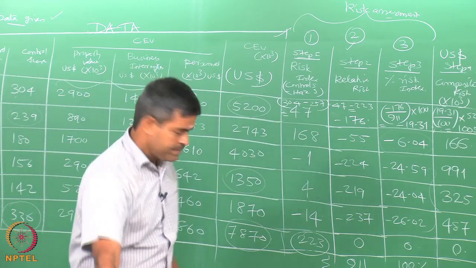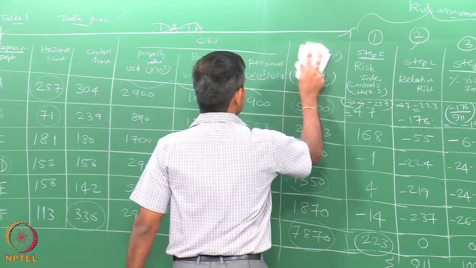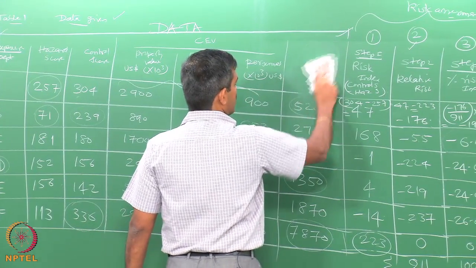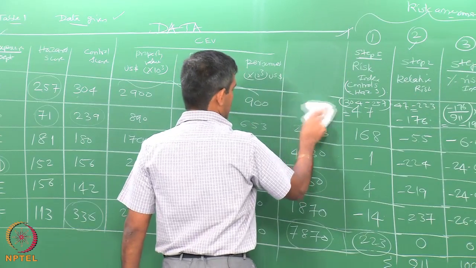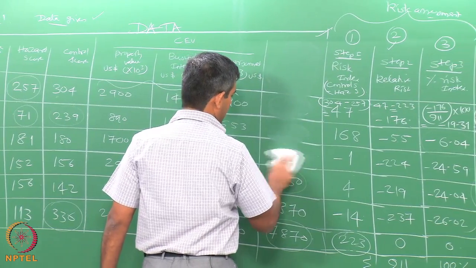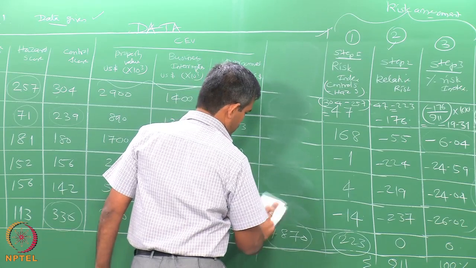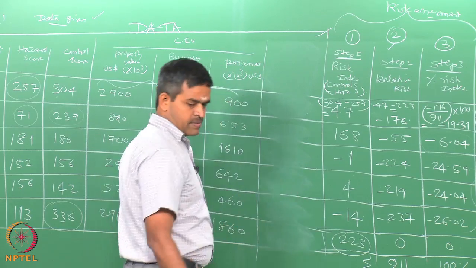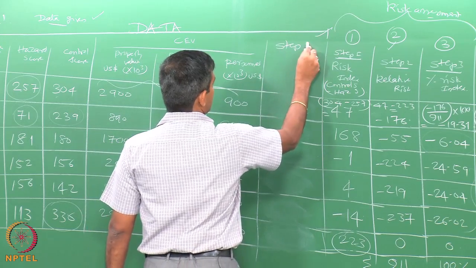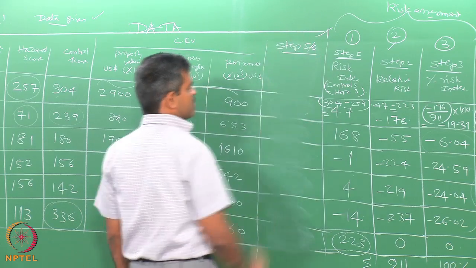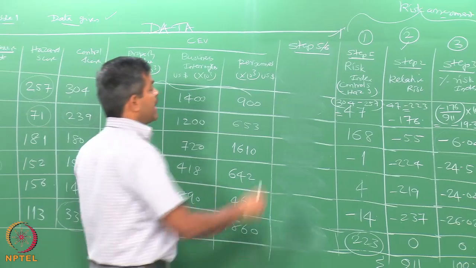Okay. Excuse me for that, but in your sheet please do not do that, this has to follow on the other side, but I am rubbing this out for my convenience on the blackboard. So, please allow me to do this. So, this is going to be step number 5/6, whatever you say. I am going to do risk ranking here.